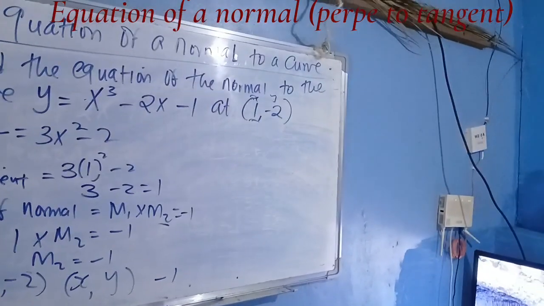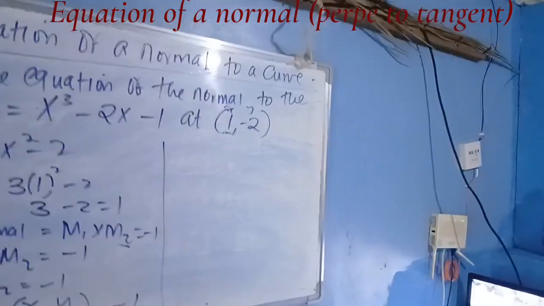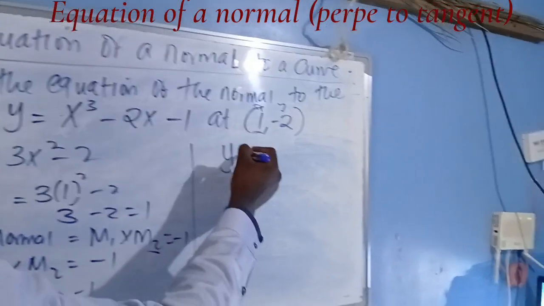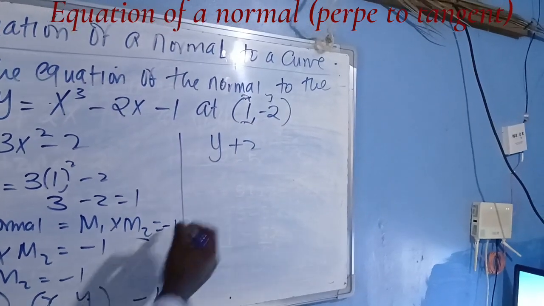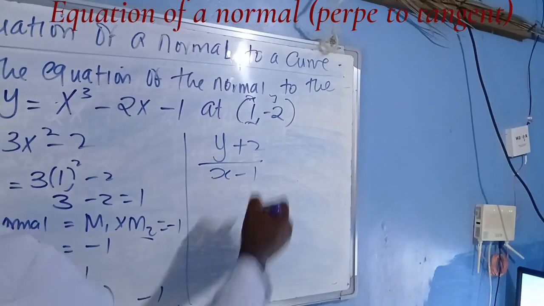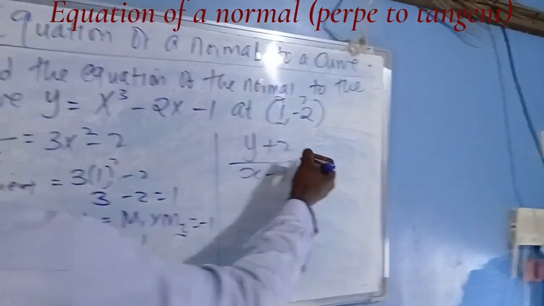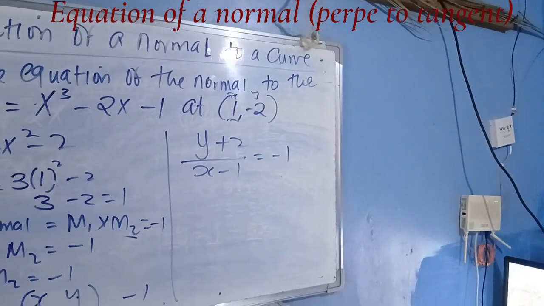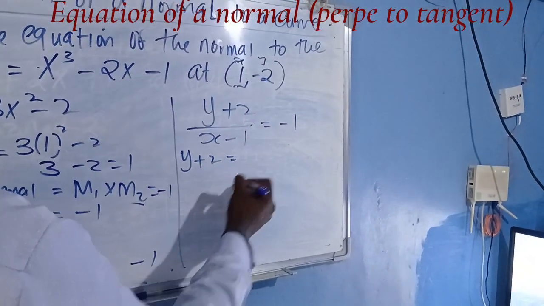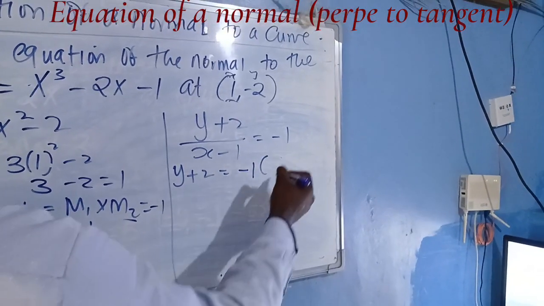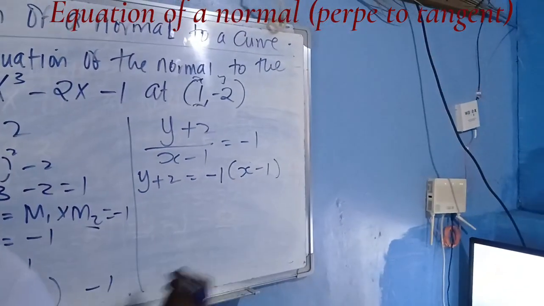So let's find the equation. To get the equation, we are going to have y minus -2, which is y plus 2, divided by x minus 1, is equal to -1. So this gives us y plus 2 is equal to -1 into brackets x minus 1.